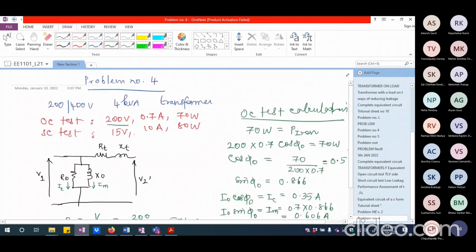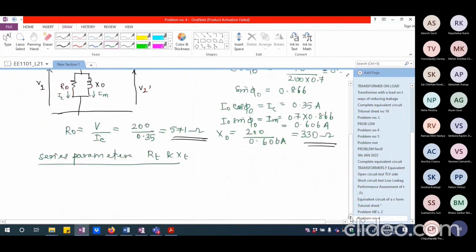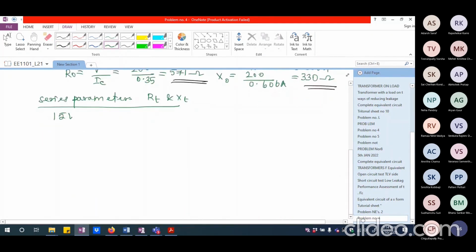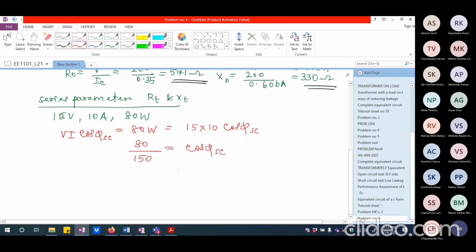Okay. Now let's look at the short circuit data, 15 volts, 10 ampere and 80 watt. So 15 volts, 10 ampere and 80 watts. This is the data that is given. So I should say VI cos phi SC equal to 80 watts, which is 15 multiplied by 10 multiplied by cos phi SC. So 80 divided by 150 is going to be cos phi SC.